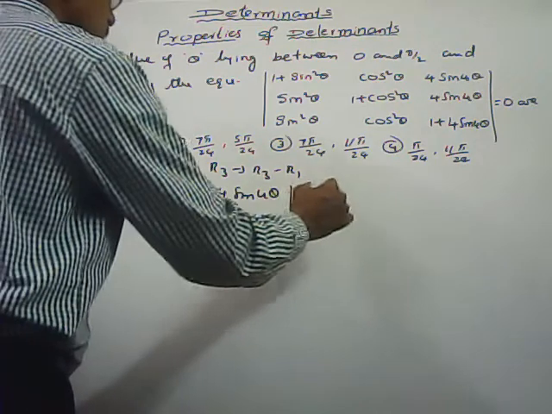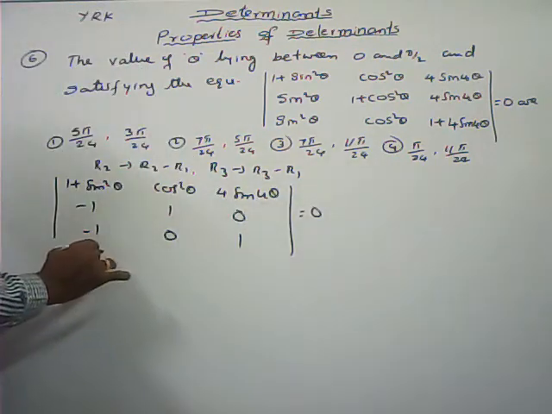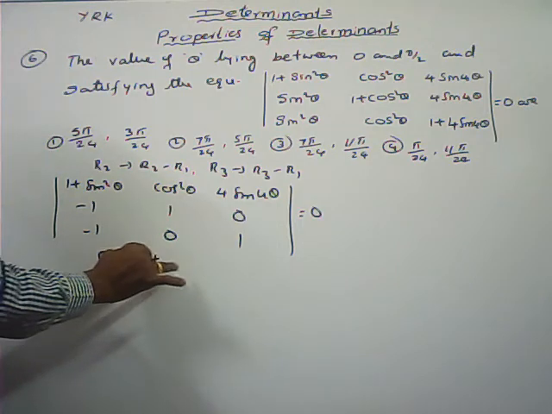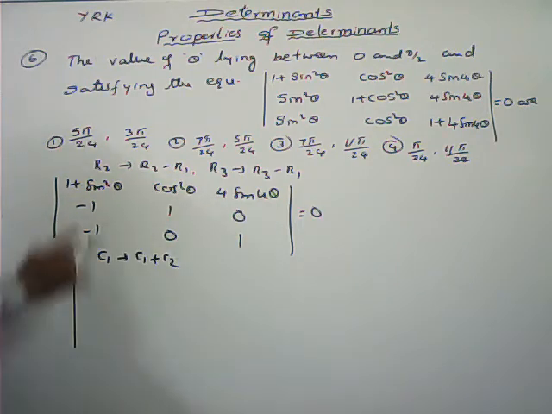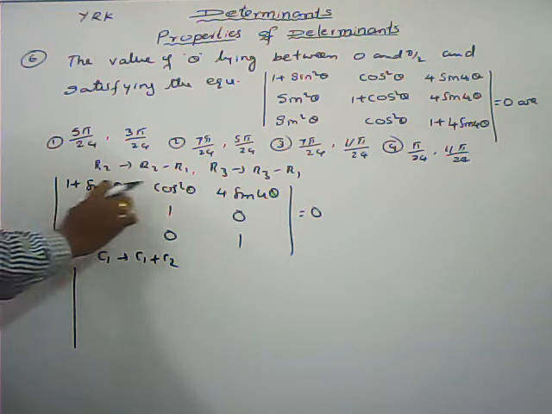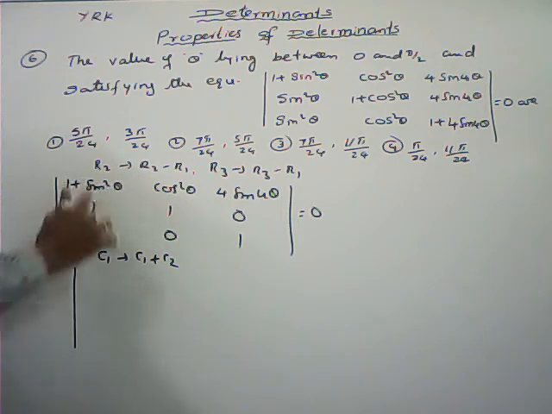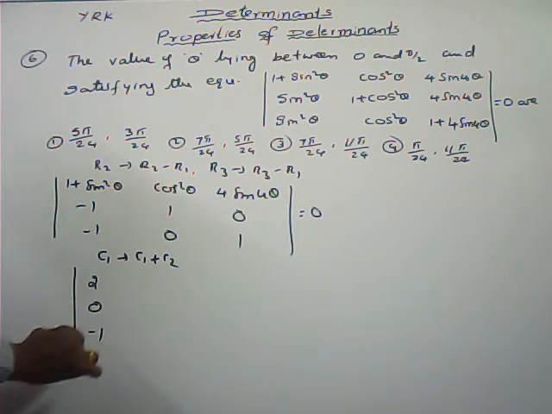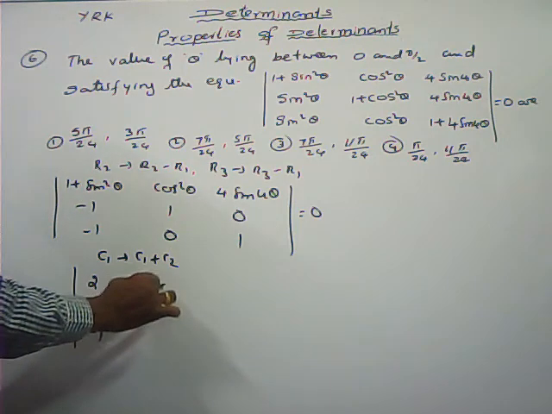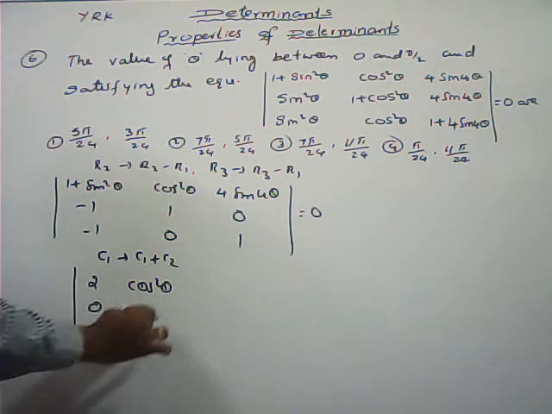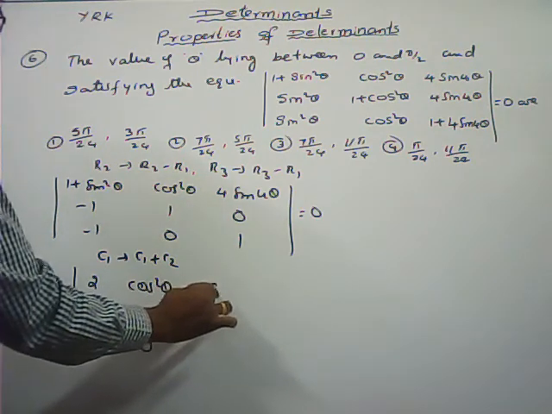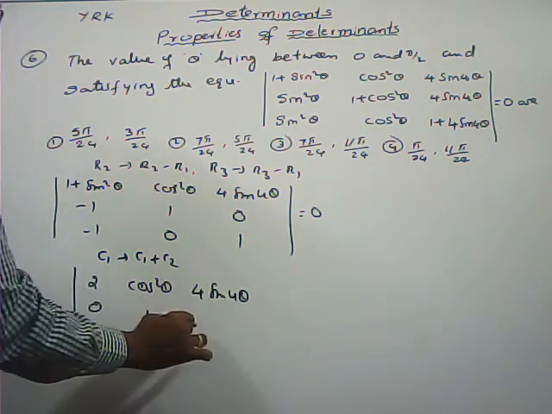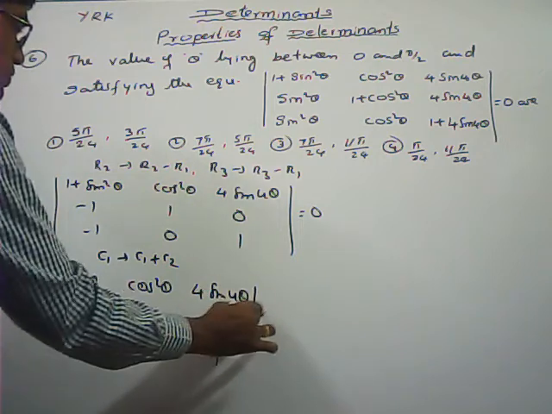So what is the operation here I am using? C1 tends to C1 plus C2. Adding these two columns, 1 plus sin square plus cos square, this is 1 plus 1, 2. Minus 1 plus 1, that is 0. Here minus 1, cos square theta, 1, 0. 4 sin 4 theta, 0, 1. That is equal to 0.